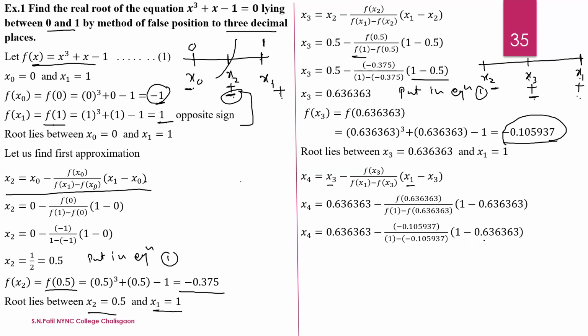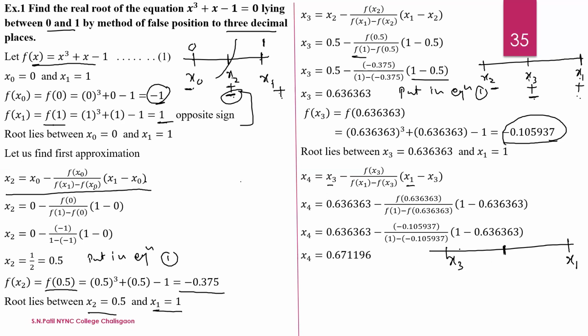And here 1 minus 0.63. Here we get the sum value, which is multiplied here. And here we get minus, minus, plus 1.105937. Now by calculator, we get x4 is equal to 0.671196.